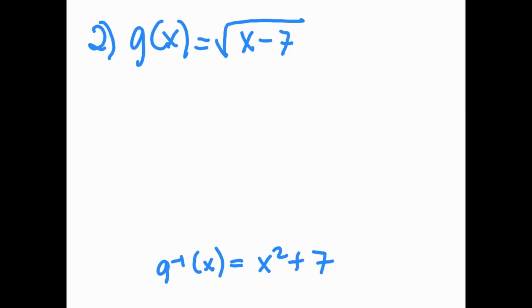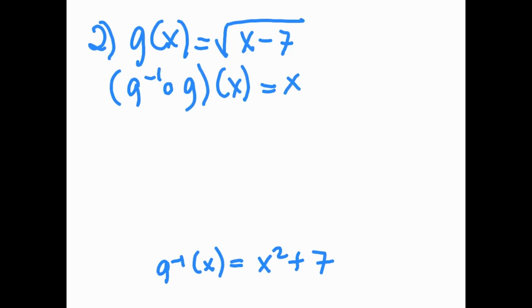First, we'll have g inverse of g of x, and we'll show that this is equal to that variable x. Now by definition of composition of functions, take note again, this is the main function there, so this will be equal to g inverse of the second function, g of x.